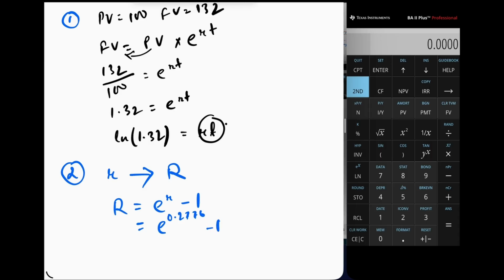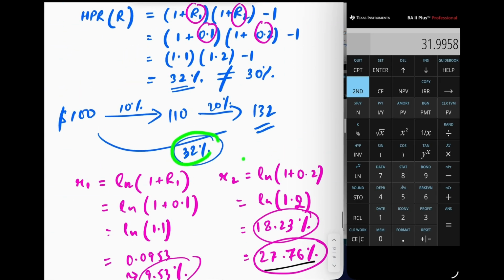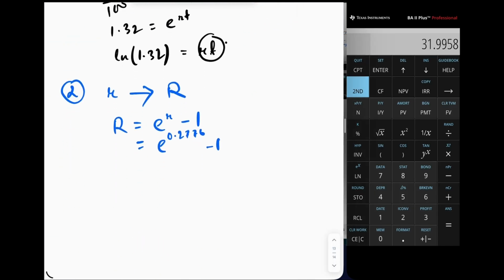If I calculate e to 0.2776, I just press second e to the x, and then subtract 1 and multiply by 100, because I want a percentage: 31.99, which is exactly 32%. In our holding period return, it was also 32%. So we have validated in both ways.